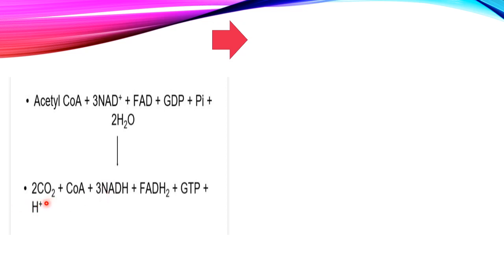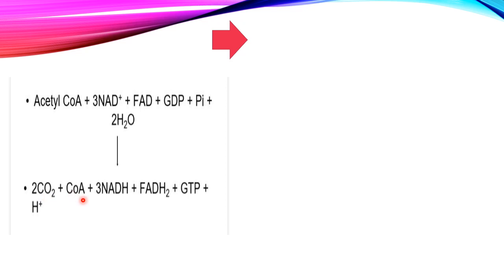This is because of the decarboxylation occurring when isocitrate is converted into alpha-ketoglutarate and when alpha-ketoglutarate is converted into succinyl-CoA. At that time, carbon dioxide is released in these two steps.